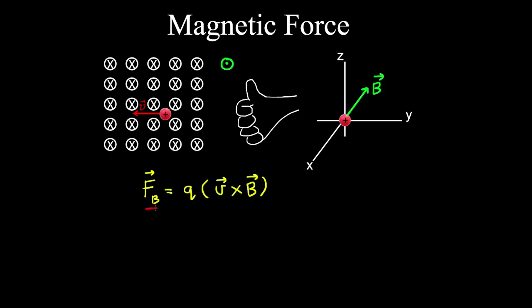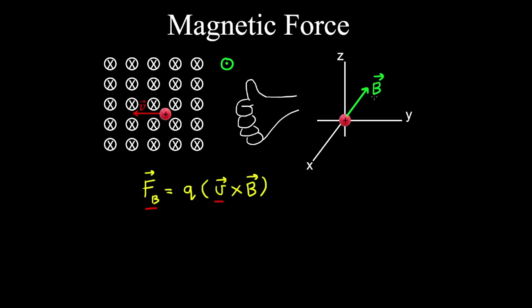So therefore magnetic forces only act on moving charges, where the velocity vector is not zero. And given the cross product, the magnetic force will be perpendicular to the velocity vector and the magnetic field vector.